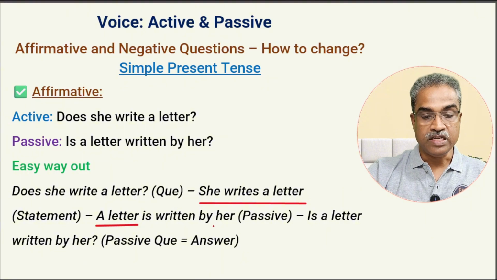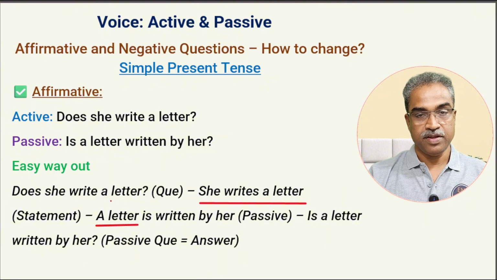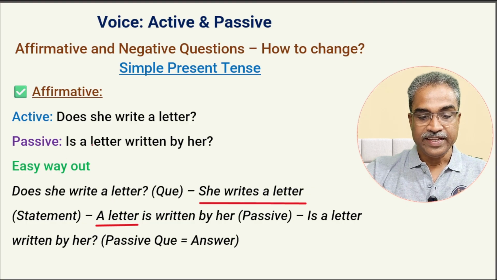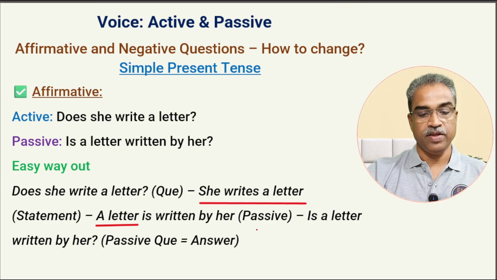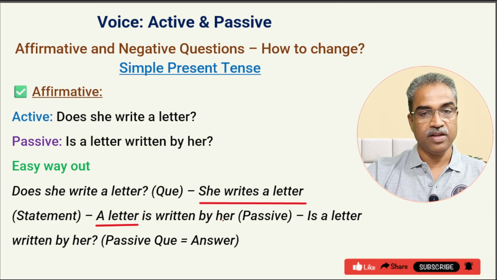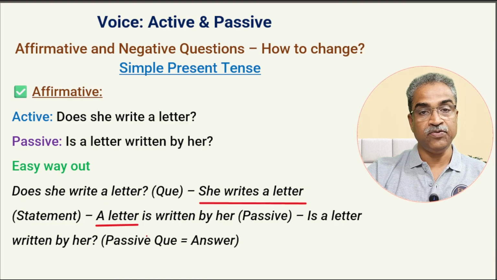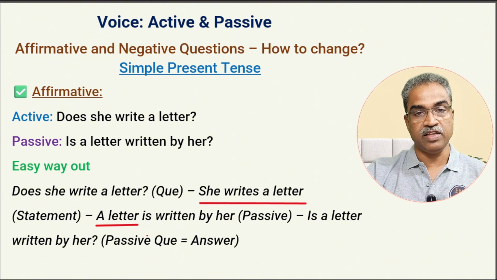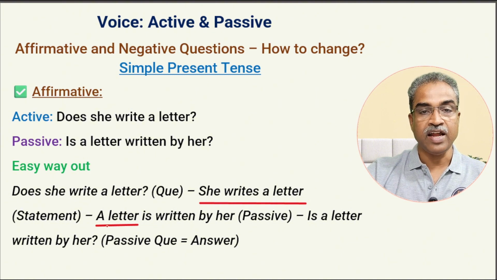Okay. Now, remember, the next step is to change this statement into question form. So, a letter is written by her. Change it. So, how do you frame questions? We take the first auxiliary. We have only one auxiliary, that is here. So, is, and then comes the subject.